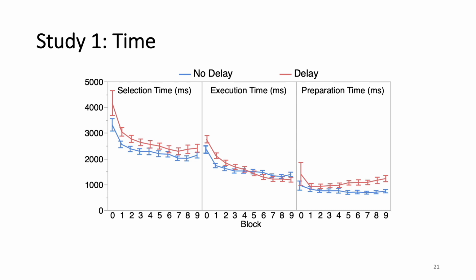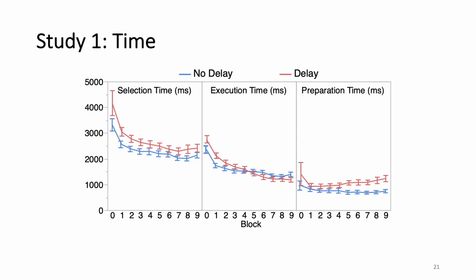First, looking at time, we analyzed time as a whole denoted by selection time. This was the time from the prompt appearing to the user actually making a selection. This was then broken down further into execution time and preparation time. Execution time was the time from the user's mouse press to its release, and preparation time was the time from the prompt appearing to the user pressing down.